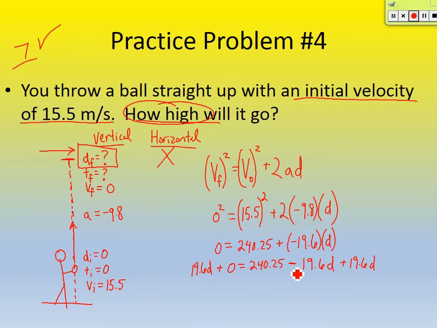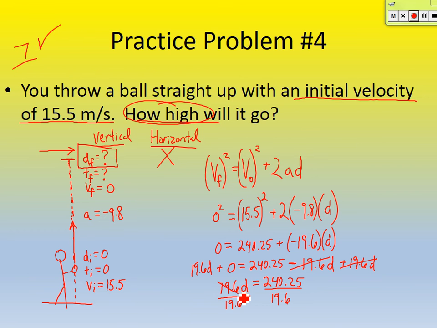Okay? And when we do that, it cancels out on the right side. And so 19.6 d is equal to 240.25. And now I've got to get rid of this 19.6. So what I would do to get it away from the d is to divide it by itself, 19.6. But we've got to do that to both sides.